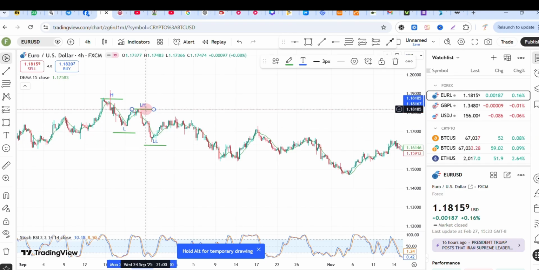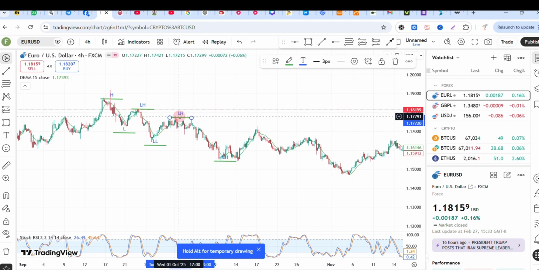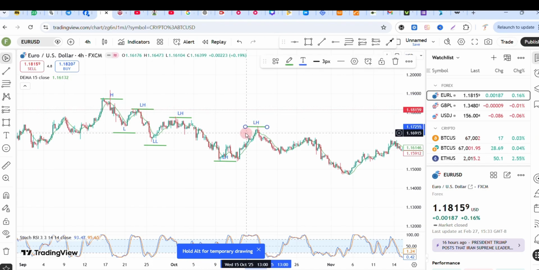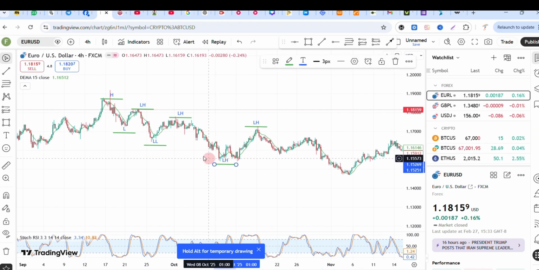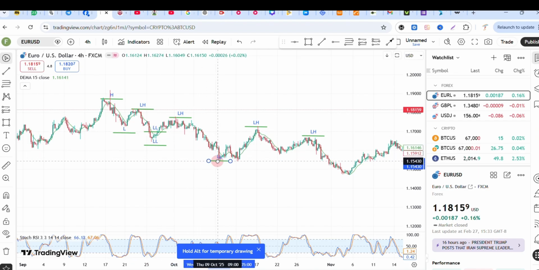Good. So the pattern repeats. Lower high here, lower low here. Lower high here, lower high here, lower low here, and lower low here.